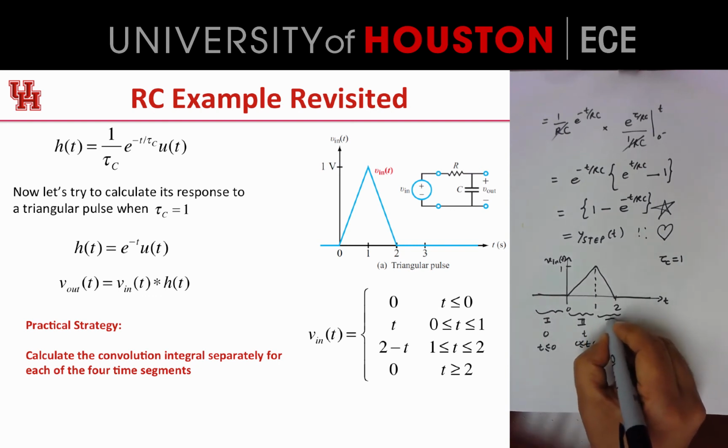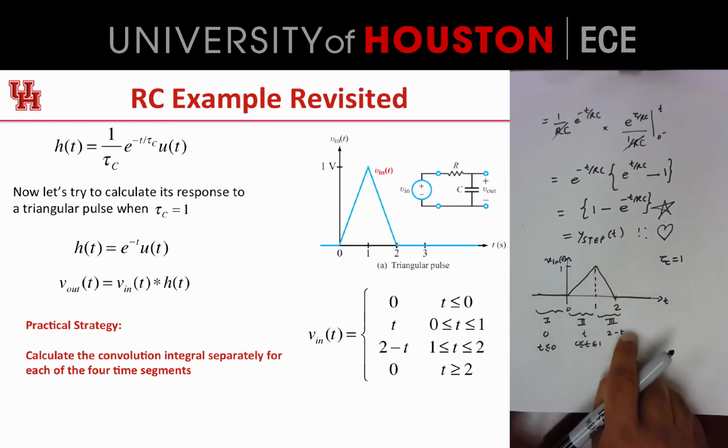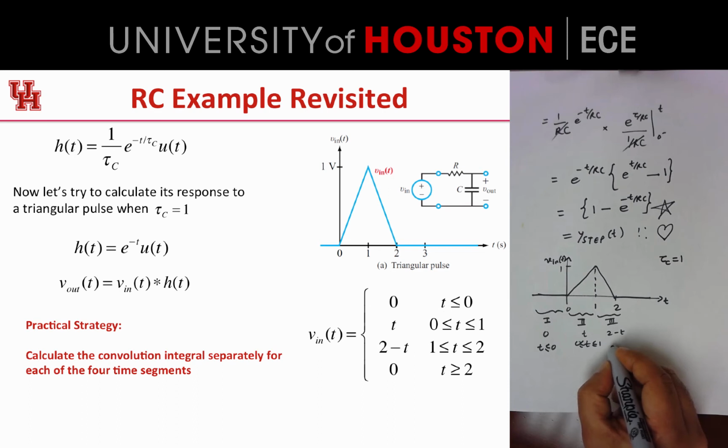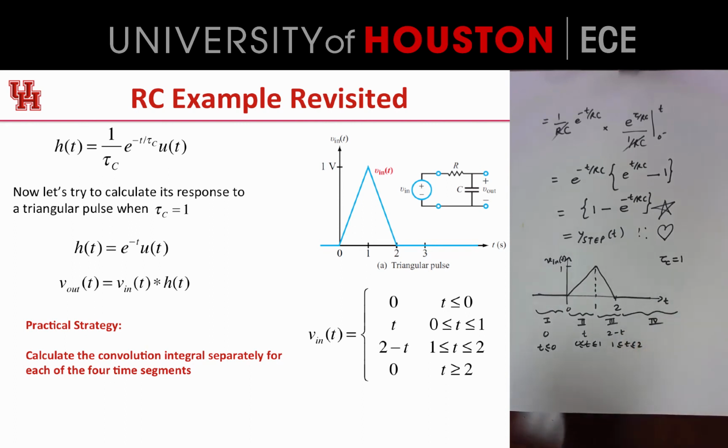And in part 3, this is basically 2 minus t. You can check that easily. If I stick t equals 1, the output is a 1. If I stick t equals 2, it becomes a 0. Boom, so this works between 1 and 2. And beyond 2, I call it region 4, the input is just 0.